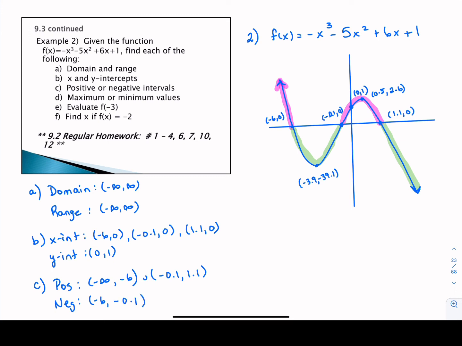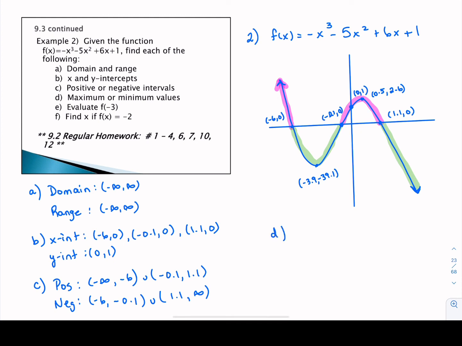So again, if you're tracing between -6 and -0.1 for your x values, you're going to be below the axis. Then we have another segment of this graph that starts at 1.1, or that far right intercept, and continues indefinitely, so continues to positive infinity, because if I trace further to the right, I'm going to remain below the x-axis.